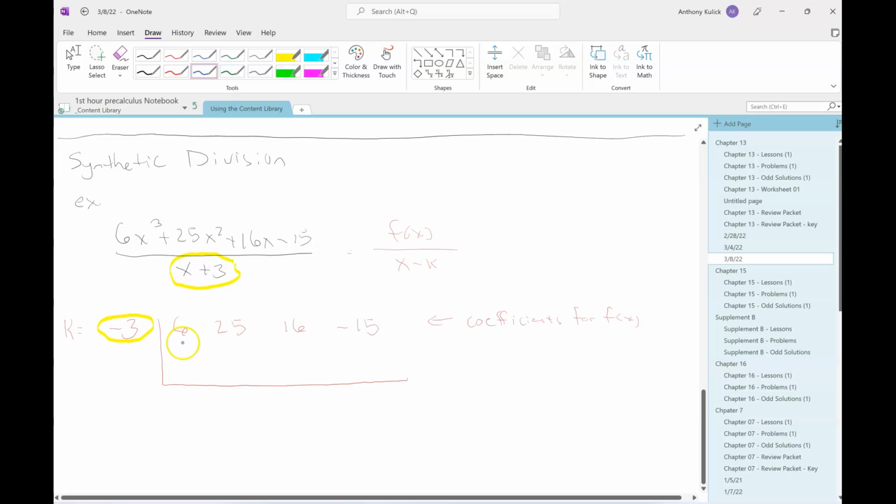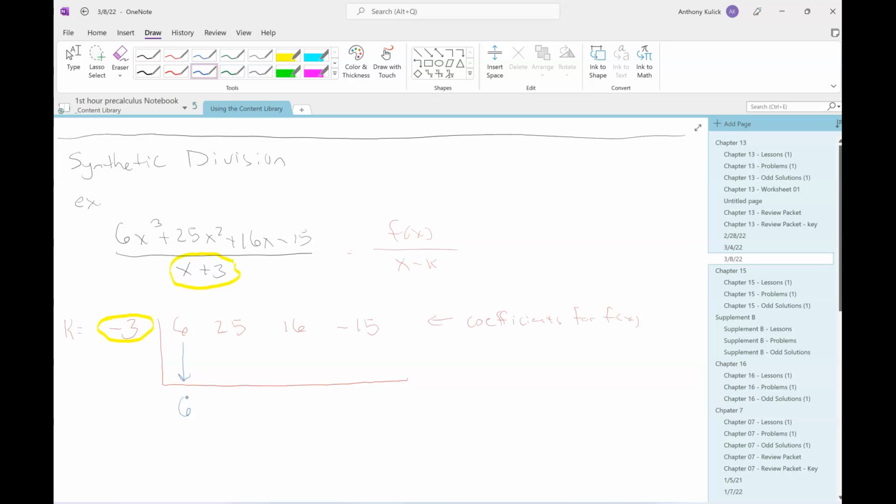The first step is I'm just going to take that very first coefficient and write it down underneath my bar. Easy first step.